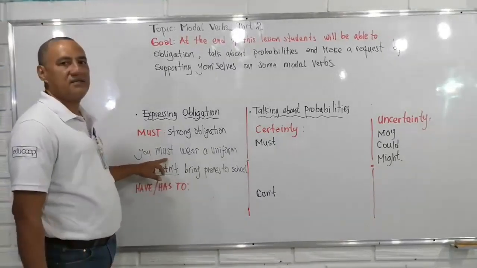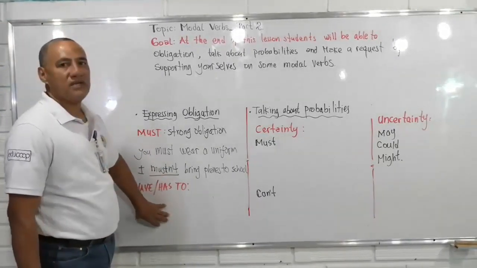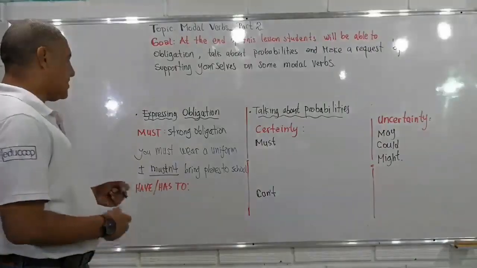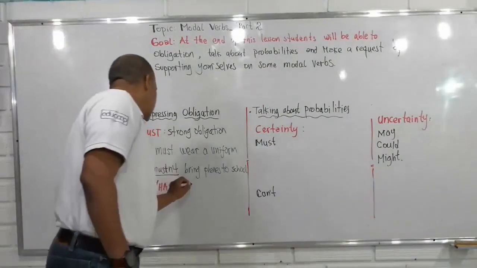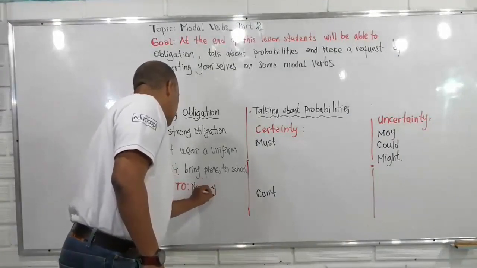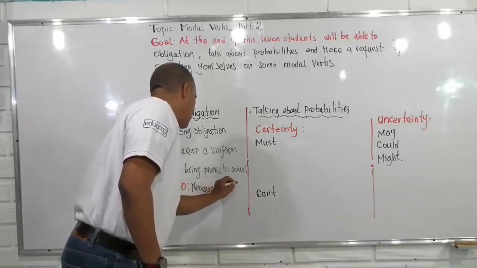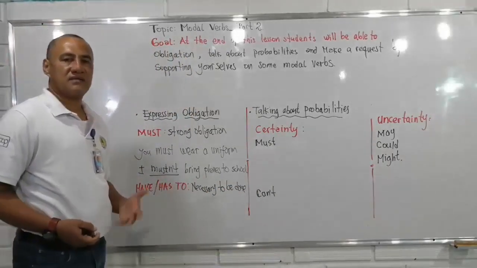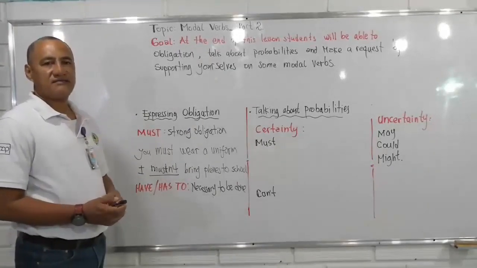Prohibition, and this is duty. In the same way, we can use have or has to, but here is when something is necessary to be done. Cuando algo es necesario ser hecho. All right.